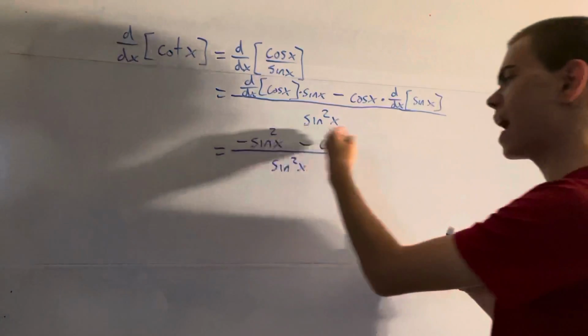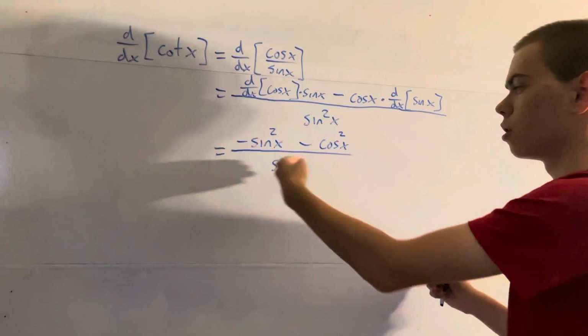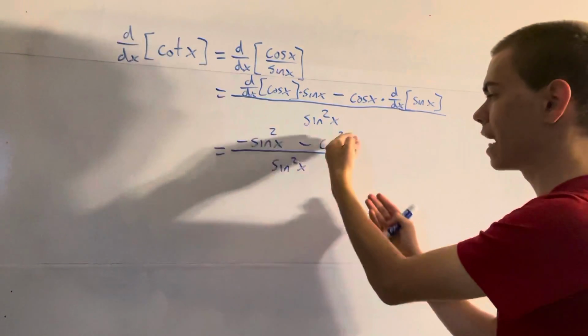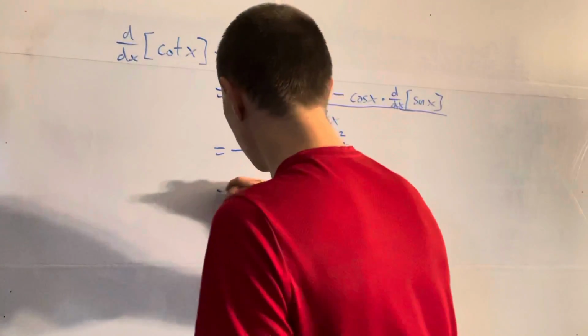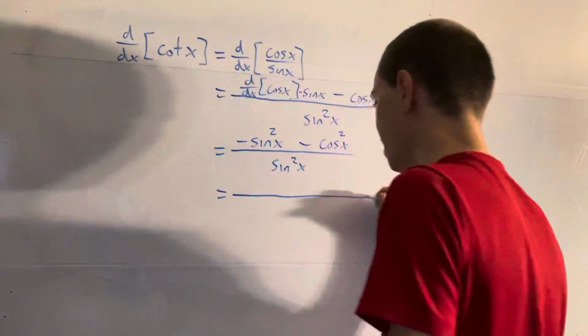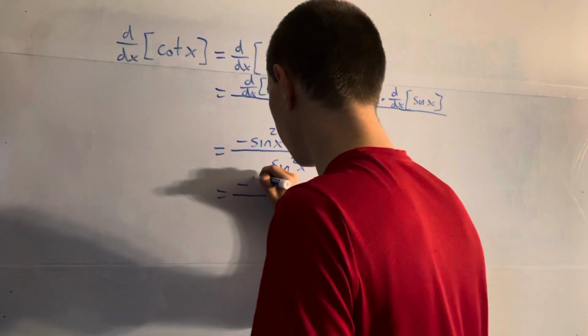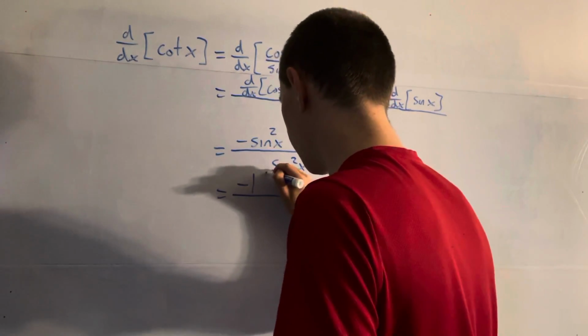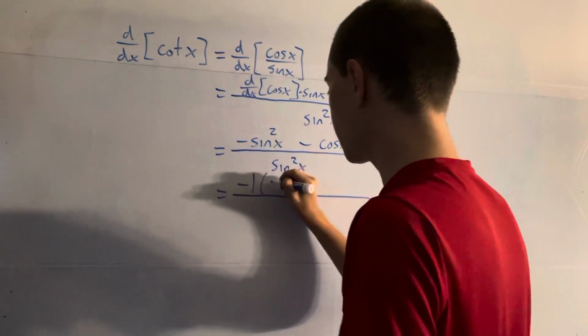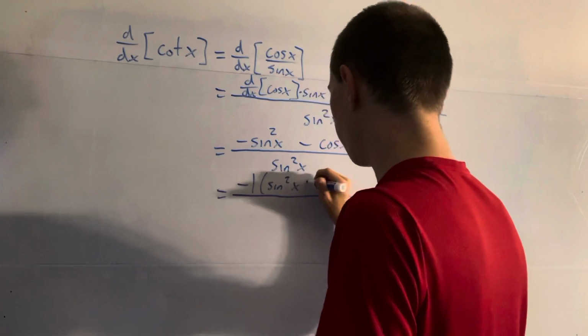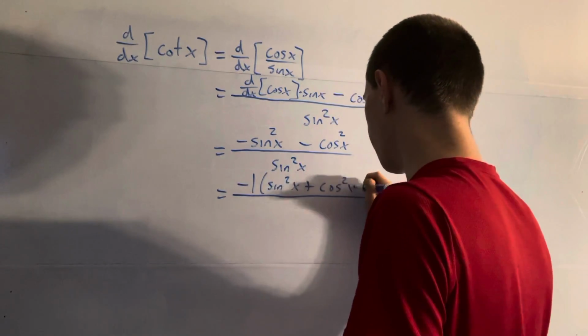And so notice what we have in the numerator. Notice how if we were to factor out -1 in the numerator, I'm just going to write -1 so you can see that I'm factoring out -1. It'll be sine squared of x plus the cosine squared of x.